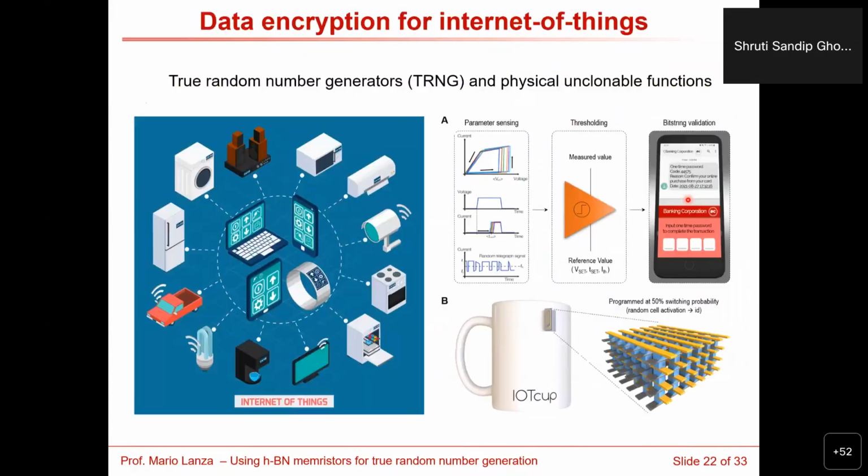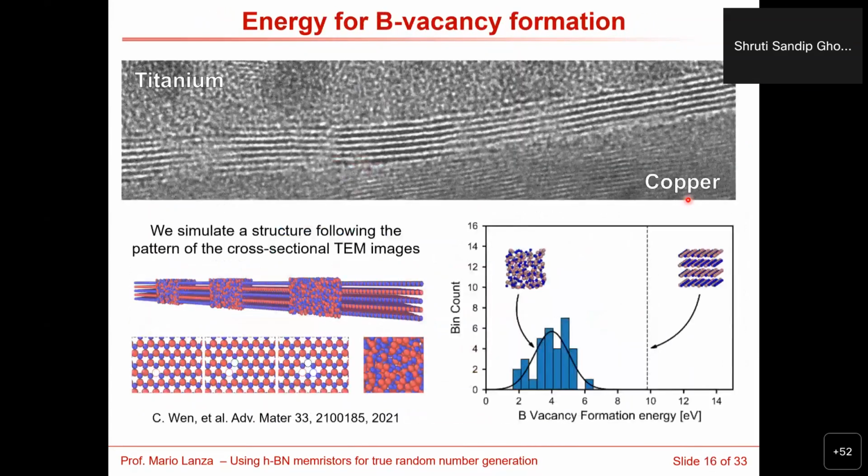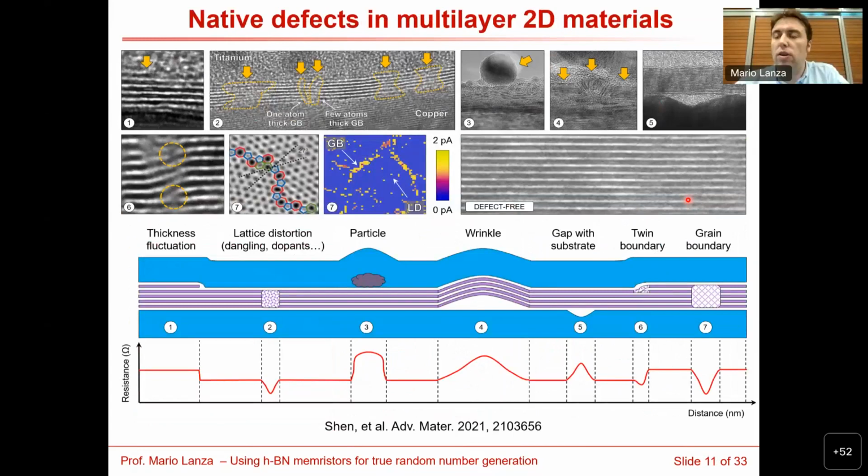The transfer of the 2D material is its big advantage compared to other 2D materials, because this is an insulator. In microelectronics, you don't use insulators that are so thin. The thickness of one layer is 0.33 nanometer. And normally, when we use dielectrics in devices, capacitors, memristors, transistors, we have at least 2 nanometers.